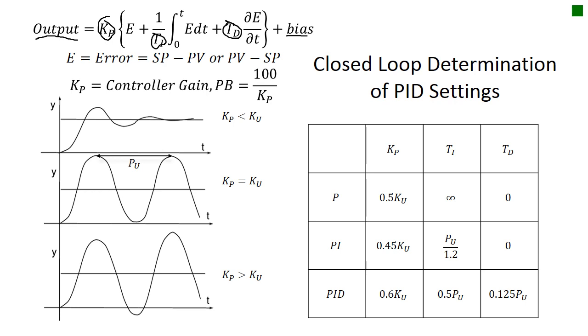We're going to first set our gain to be 0. So our output, when we look at it, will be just the bias, even though our set point and our process variable may not be at the right point. Our temperature might be too high or too low.